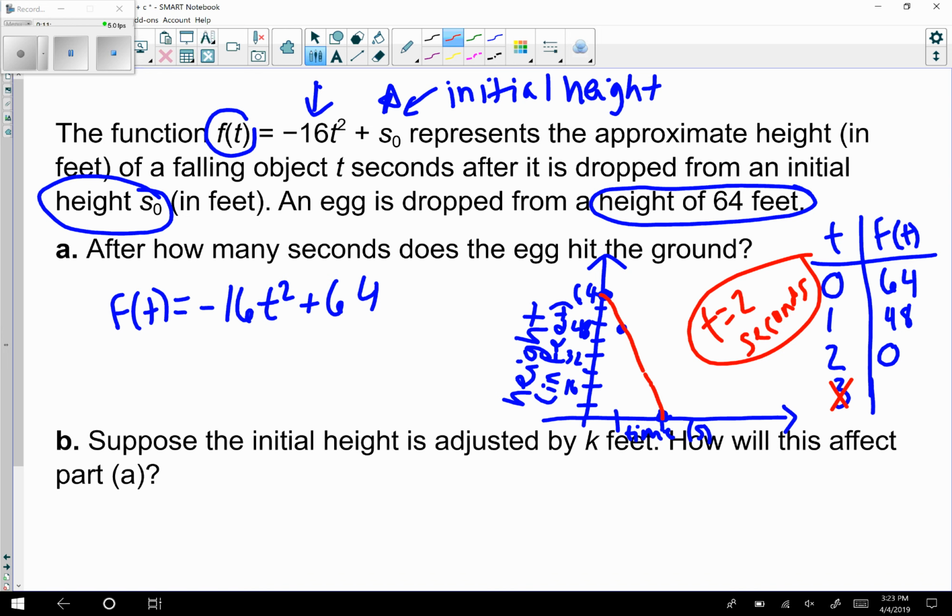Okay, so now our second method, and I'm going to go through this kind of quickly because this video is getting a little long. The second method, you guys, that we'd be able to do is we could just take this function and we can factor it, right? We just got done doing a whole bunch of factoring. So let's just start by taking out a negative 16.